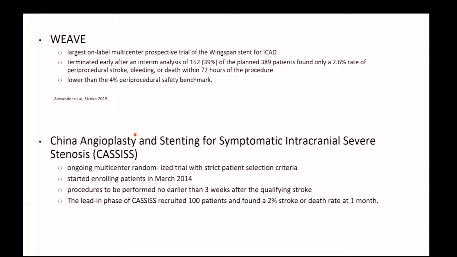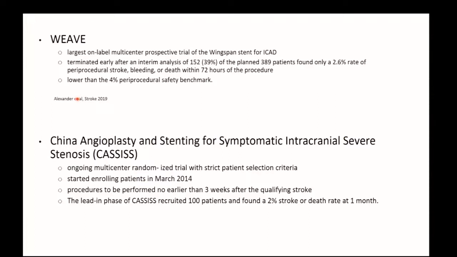This is better than our maximal medical treatment now, just by selection of the right patient, and it is lower than the 4% peri-procedural safety benchmark. They published in 2019, and the WEAVE registry is not ongoing anymore.